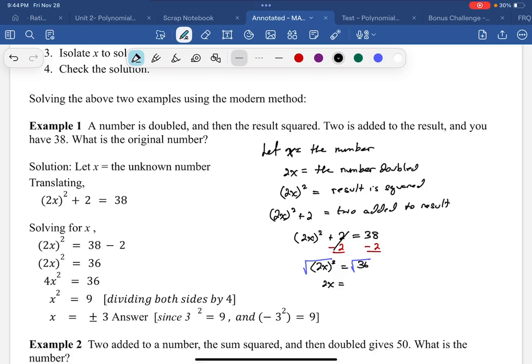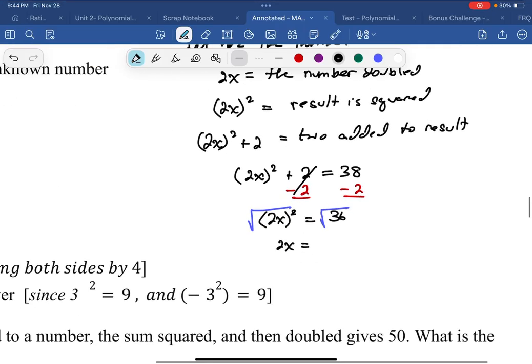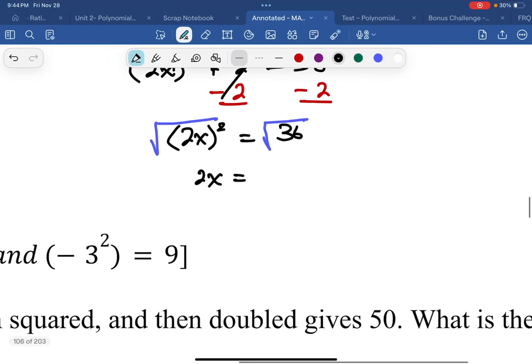There's no indication that we would be allowing for negative numbers here, but there's no indication that we're not. So we would make the assumption that when you take the square root of 36, it could be a positive or a negative 6. The principal square root of 36 is just 6.